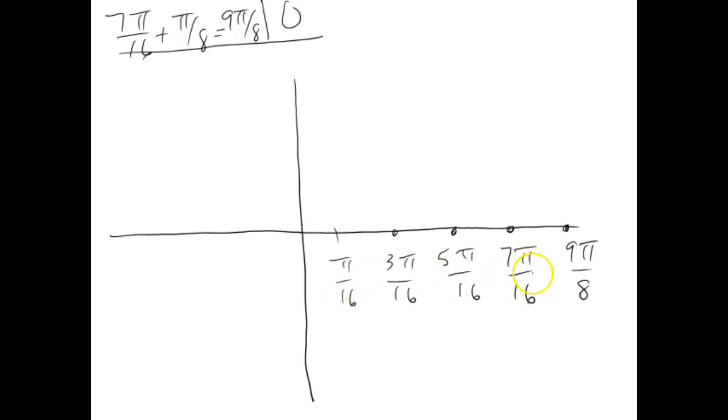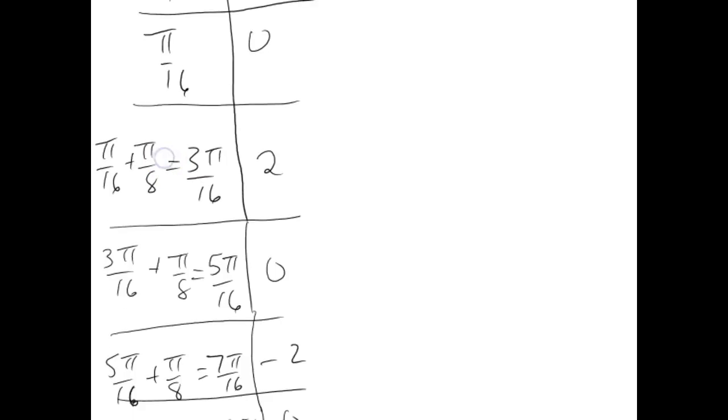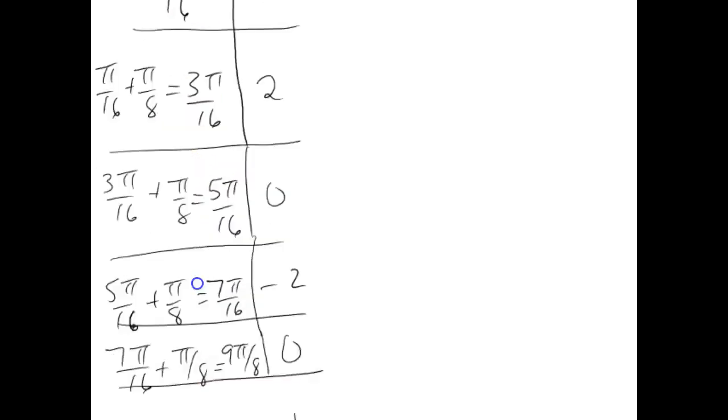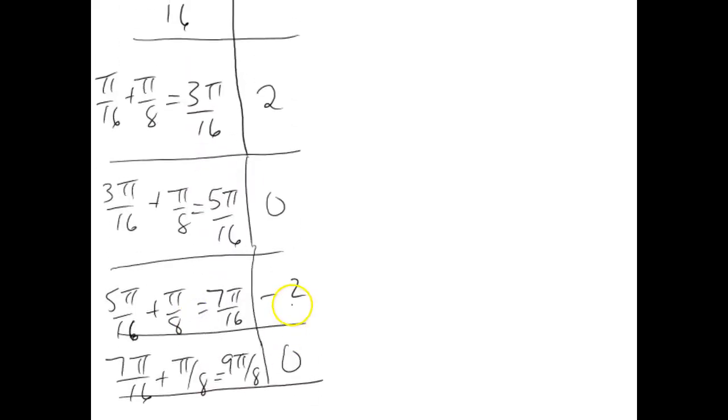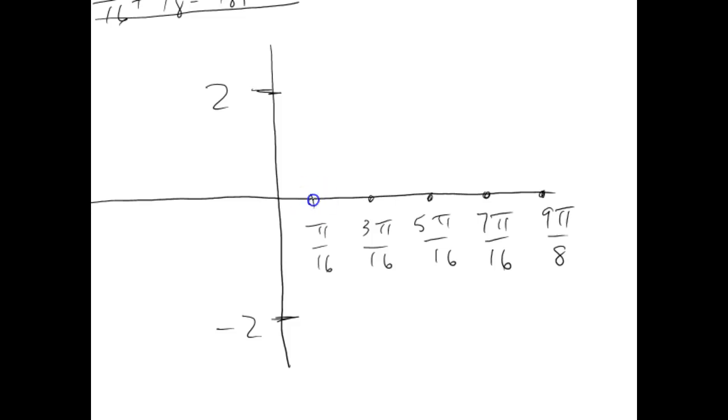All these values on the x-axis came from my table. If you look closely, my range goes from -2 to 2 in my y-axis. So all we have to do is place the number 2 here, make the equal distance up here, and we call this point 2. So we know from our graph, at pi over 16, the y value was 0. At 3 pi over 16, my y value was 2.